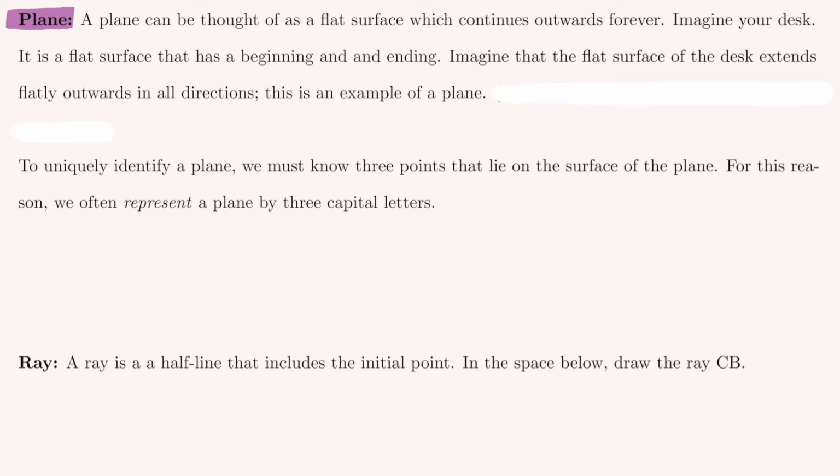Now keep in mind, to understand a line, we had to know 2 points, and then there's a similar relationship between planes. In order to identify a plane, we need to know 3 points on the plane. Because a plane can be represented by 3 points in the plane, we often use notation of 3 capital letters to represent a plane. Let's draw an example of a plane below.